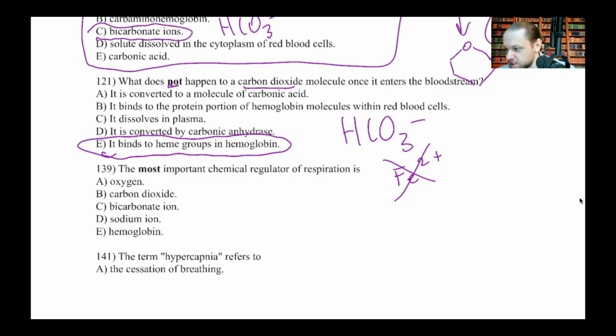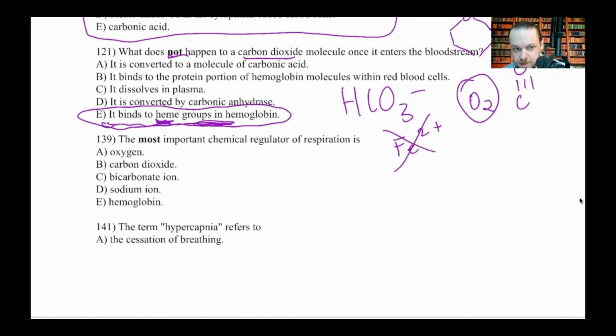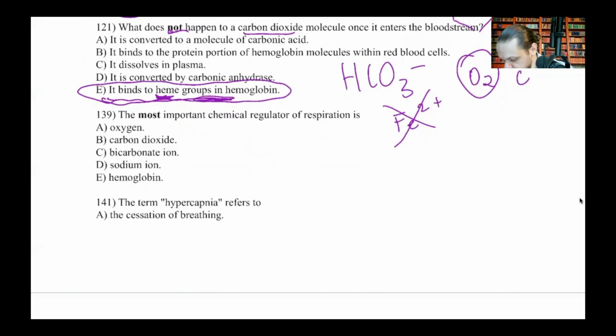So it doesn't bind to the heme groups on the hemoglobin. The iron only binds oxygen preferentially, and in cases of carbon monoxide poisoning, it's going to bind carbon monoxide. Good. All right.